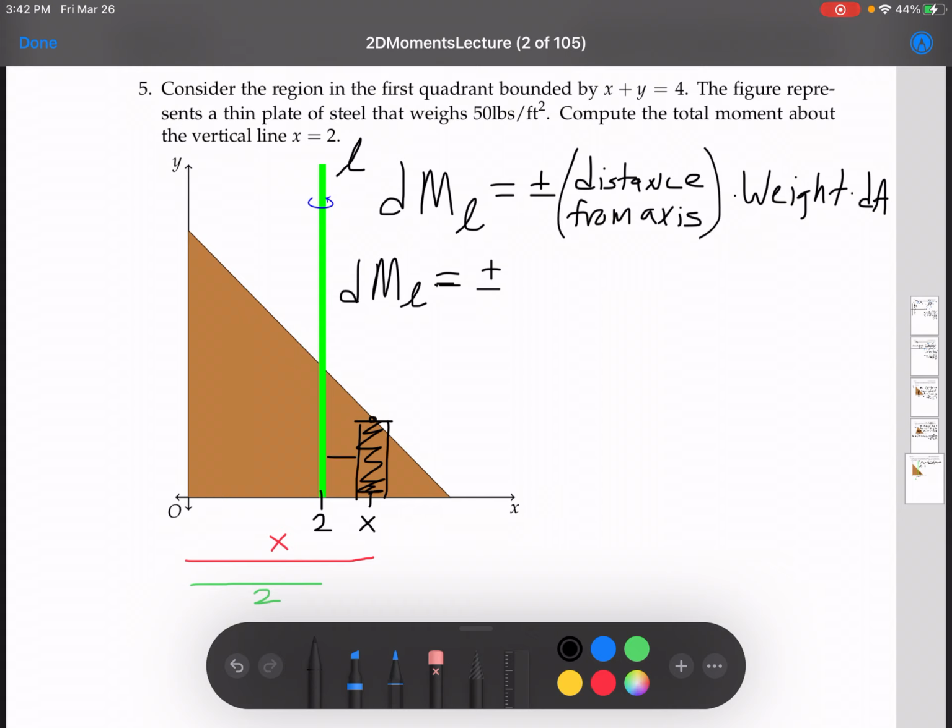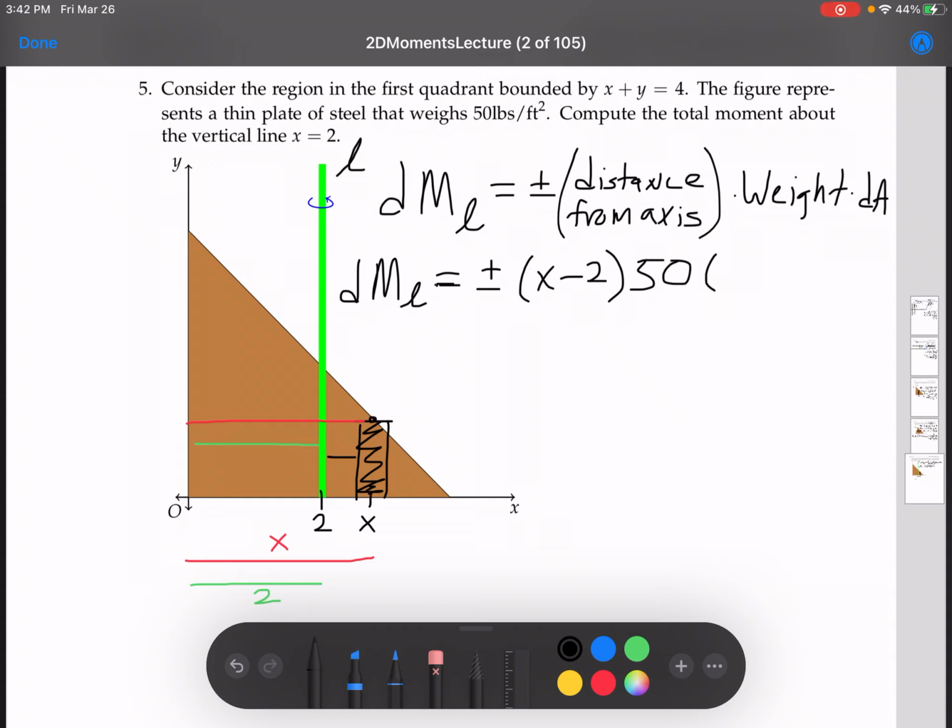that distance is x, take away 2, right? So that black line there is the red, take away the horizontal green line there. So that's x minus 2. The weight, again, is 50.